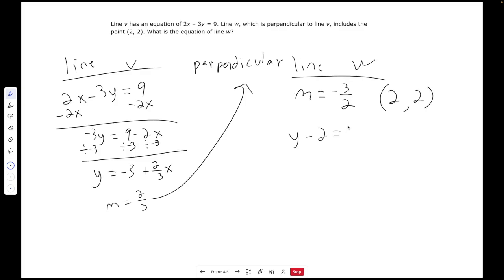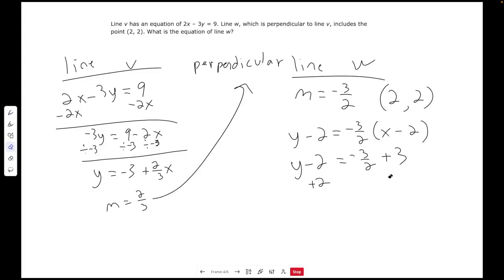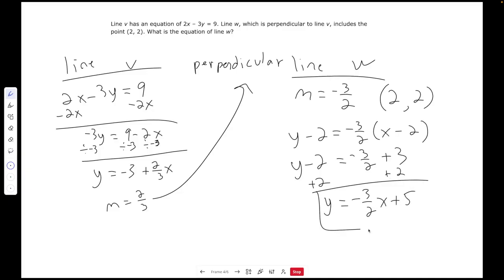And now we plug in and solve. We distribute first. This gives us +3, +2 on both sides. Okay, let's clean that up. And we get y equals -3/2x + 5, final answer.